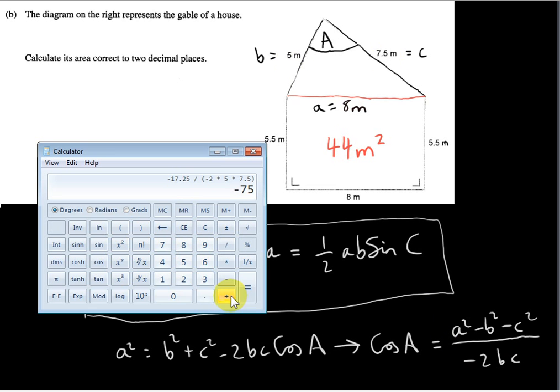Close the bracket, and this is cos of A. Now we want inverse cos of this number, and there's the answer.